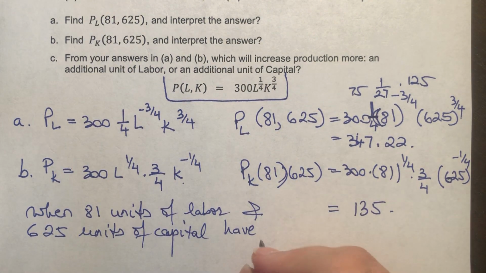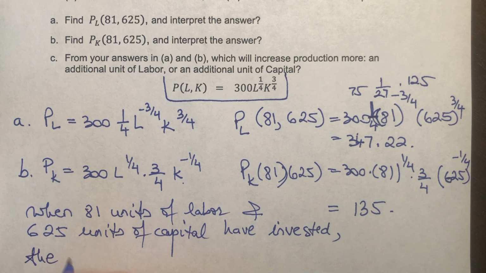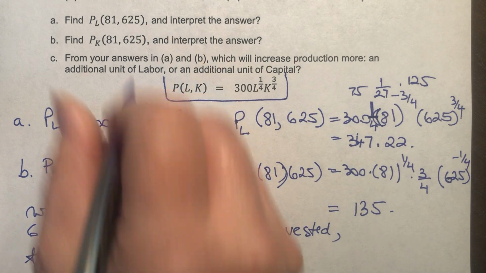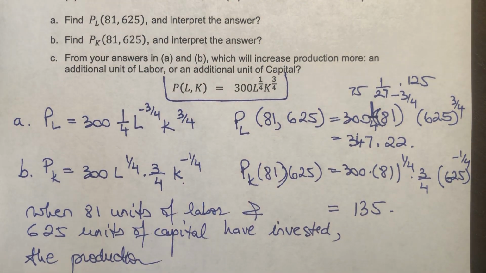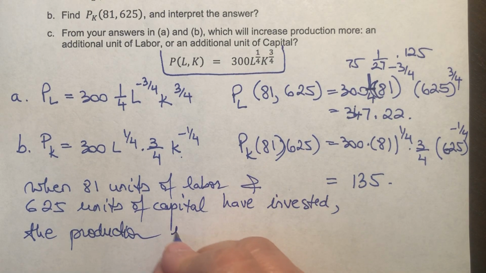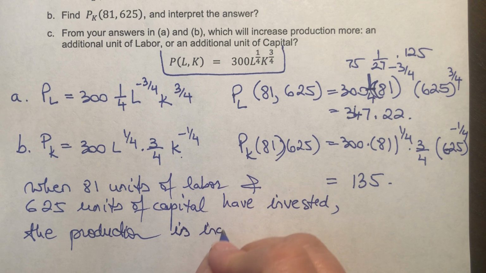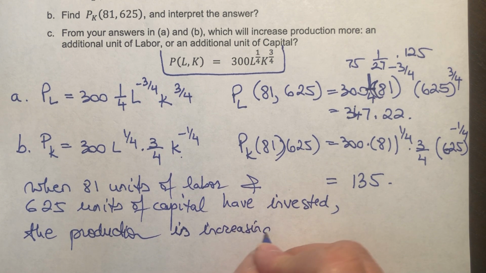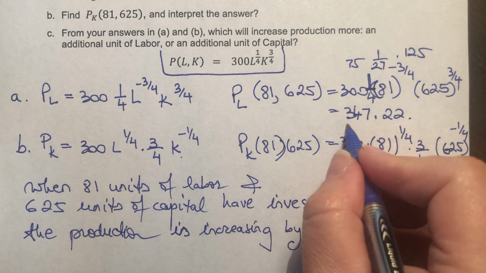Have been used or have been invested, right, in this company, the production, that's a company's production function. So P stands in for production. So how many units you're producing. So the production is increasing by how much?